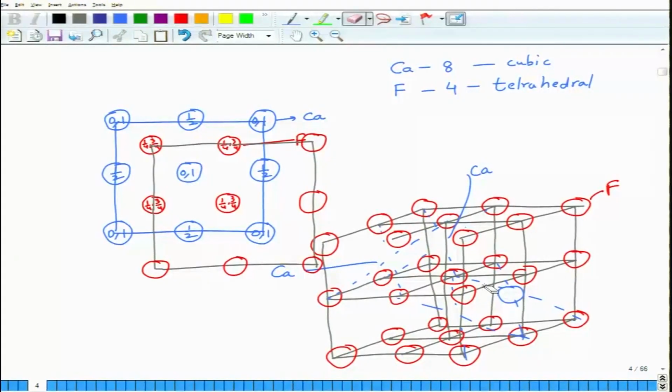So, one blue is at 0, 1, second blue, so, let us say if this is the blue here, the second blue will come here, okay, because 0, 1, half, and now we are looking at the top view, right, and the third blue will go, it is at the half position. So, it will go here, and the fourth one will come here on top, right diagonally.